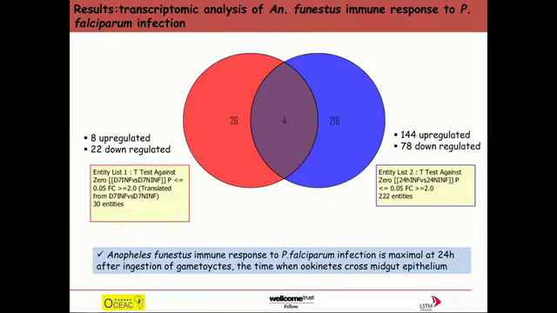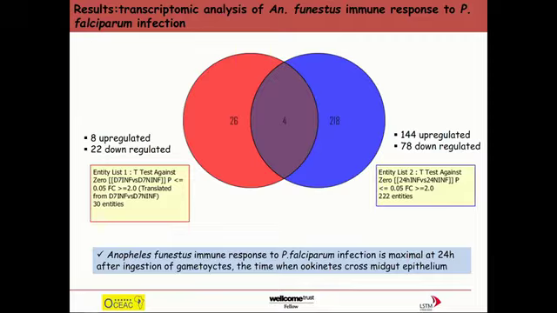And what we show is that comparing infected and uninfected mosquitoes at 24 hours, we got 144 genes upregulated and 78 genes downregulated. But at day 7, we got 8 genes upregulated and 22 downregulated.